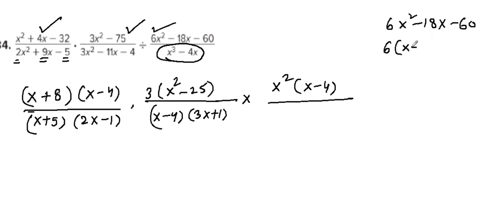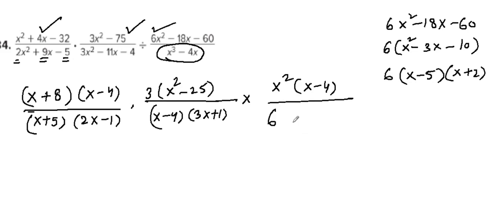So what is left? x square minus 3x minus 10. Now you can factorize it. Its factors will be 5 and 2, x minus 5 and x plus 2. So 6 times x minus 5 and x plus 2.